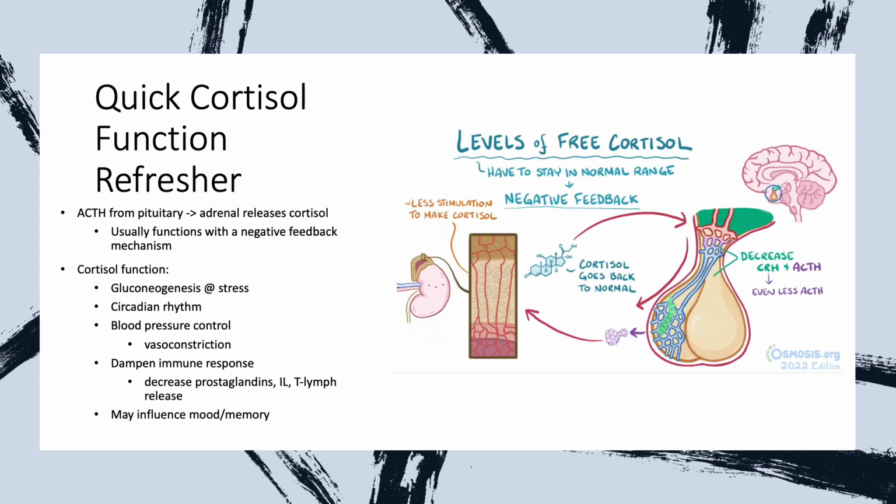So our hypothalamus releases CRH, which stimulates the pituitary to release ACTH, and then the ACTH travels through our bloodstream. It stimulates our adrenal cortex to release cortisol.